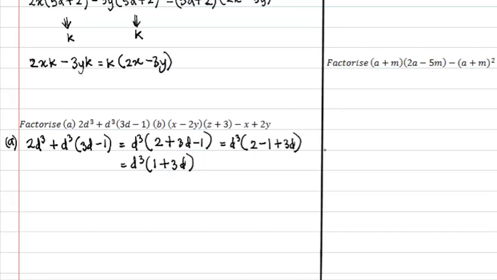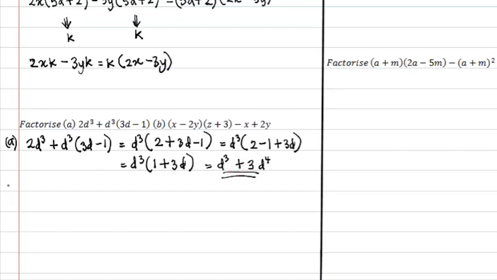Finally, d raised power 3 times 1 is still d raised power 3, plus d raised power 3 times 3d, that will give us 3d raised power 4, because d raised power 3 times another d makes d raised power 4. So we can leave our answer like this.